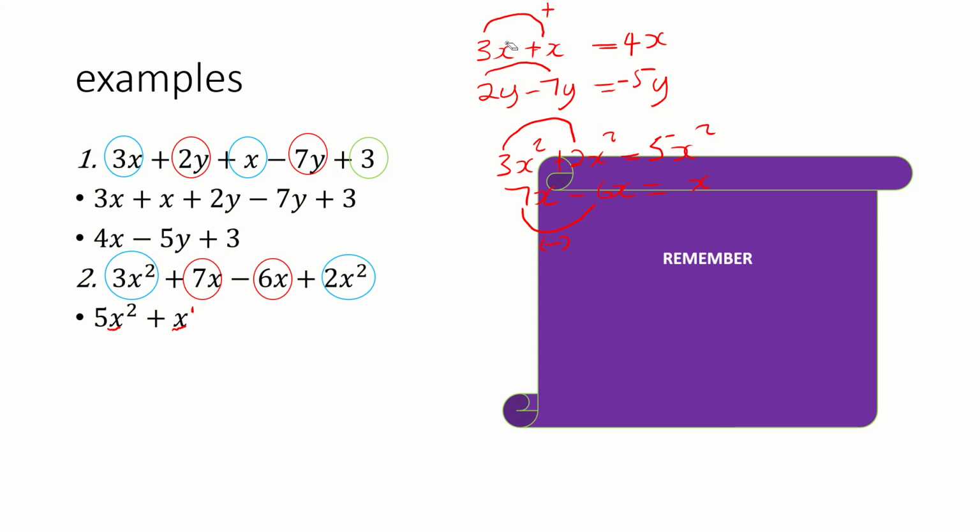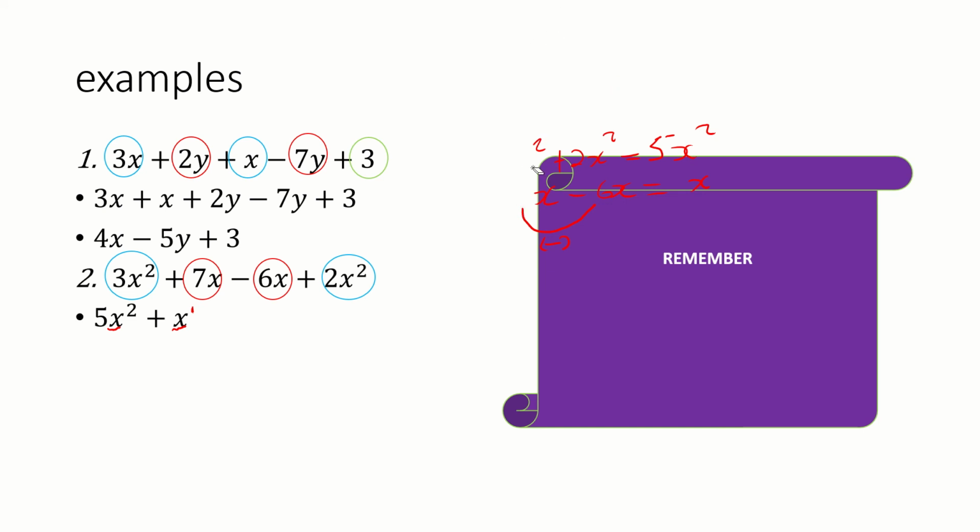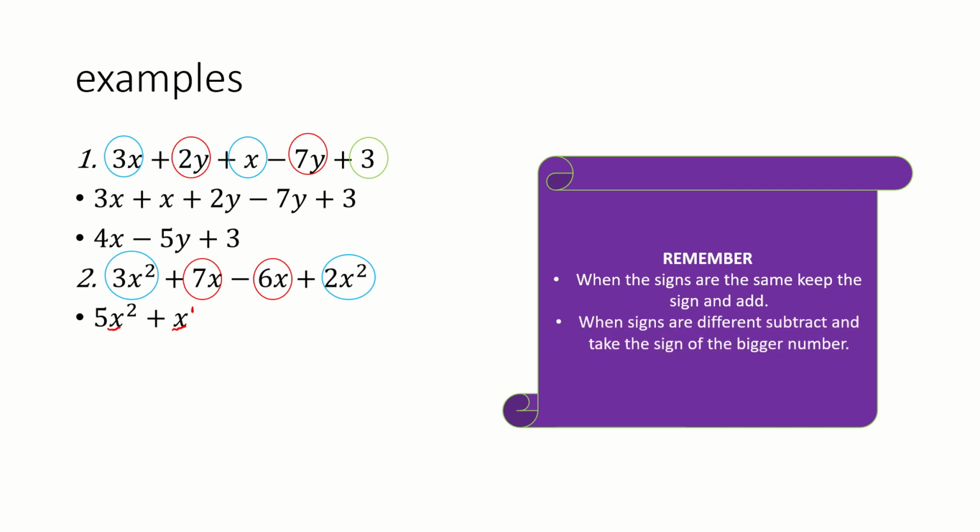Remember, when the signs are the same, you keep the sign and add. When the signs are different, you subtract and take the sign of the bigger number. Remember that all the time.